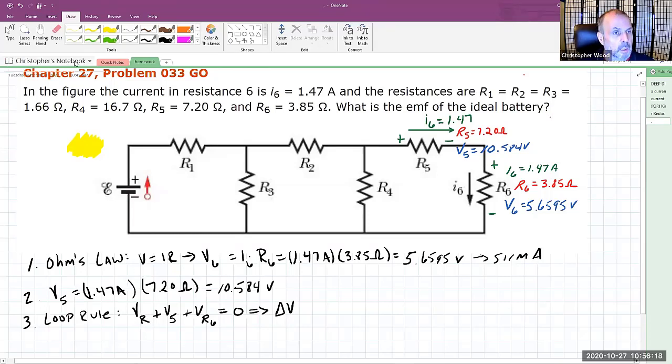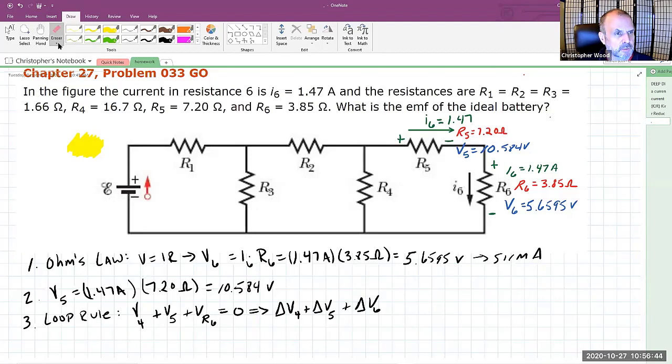Sorry, let me erase. All right, R4. So again, this would be maybe acceptable. Whatever the change in voltage is across R4 plus whatever the change in voltage is across R5 plus whatever the change in voltage is across R6. And just for the sake of consistency, let me erase that so I can be uniform. All right, and it's fine, equals 0.